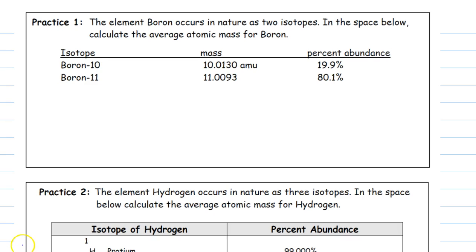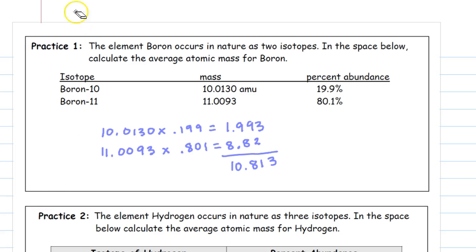Work practice problems 1 and 2, and then come back and check your answers. Check your answers now and ask any questions that you have on the discussion board.